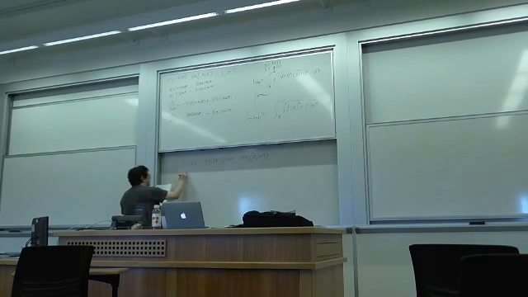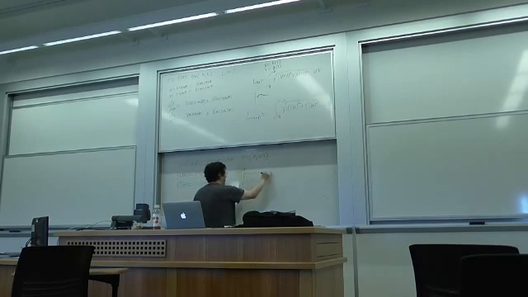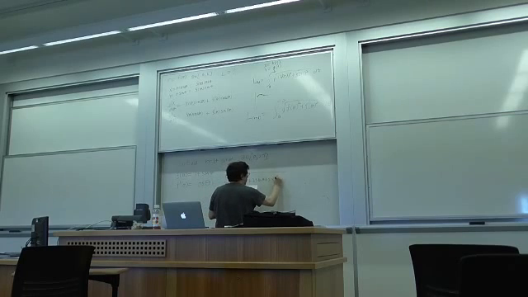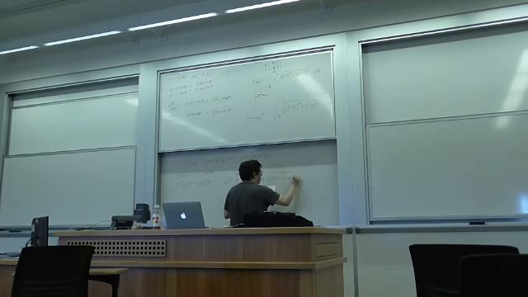So f of theta is 1 plus sine of theta, and f prime of theta is equal to cosine of theta. So the length is the integral from 0 to 2 pi of the square root of this squared, which is 1 plus 2 sine theta plus sine squared theta, and this squared, plus cosine squared theta.